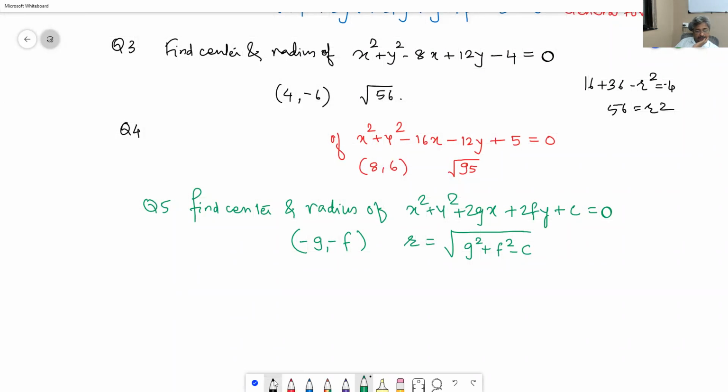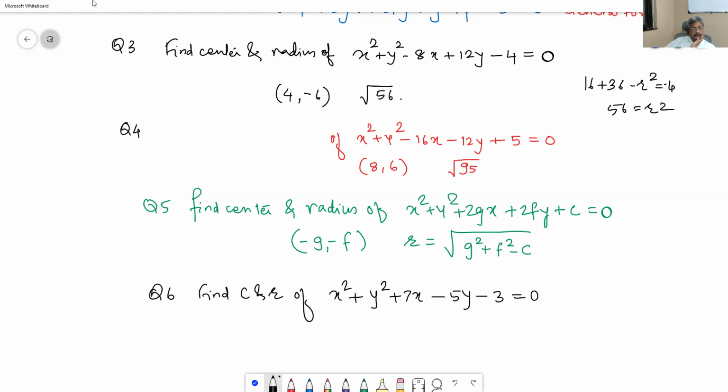Question 6. Find center and radius of x square plus y square plus 7x minus 5y minus 3 is equal to 0. Okay, center is minus 7 by 2 comma 5 by 2.